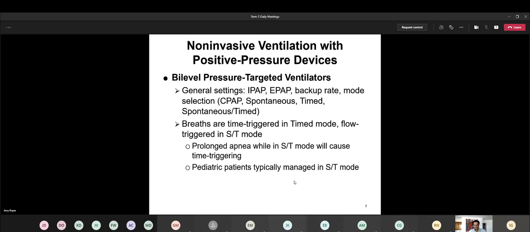And then when you set it into ST mode, which is the most common way of running this machine, it will know that if the patient needs to take a breath, the patient has to trigger. So it's like flow triggering that you would have in any ventilator. So there's no option really for pressure trigger usually. It's mostly just flow triggering.